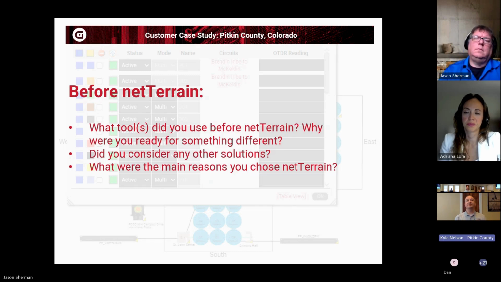And also to really have a platform that allows for the sharing of those network diagrams and that information very easily with our partners, but also something that allowed for not just the outside plant, the infrastructure underground and overhead, but also within each of our tower sites and our communication sites, documenting the inside plant piece. And so netTerrain was the platform that allows us to do all of that in one package.